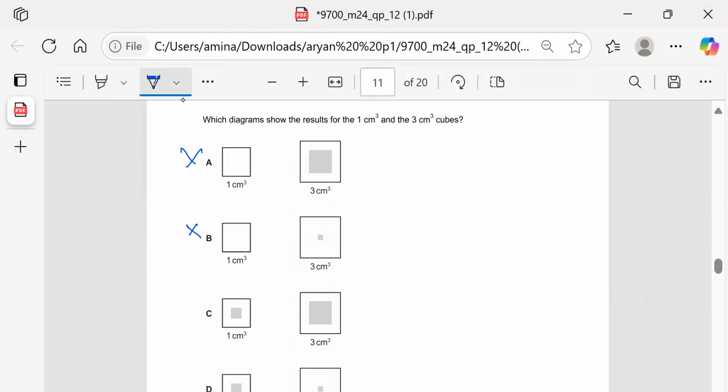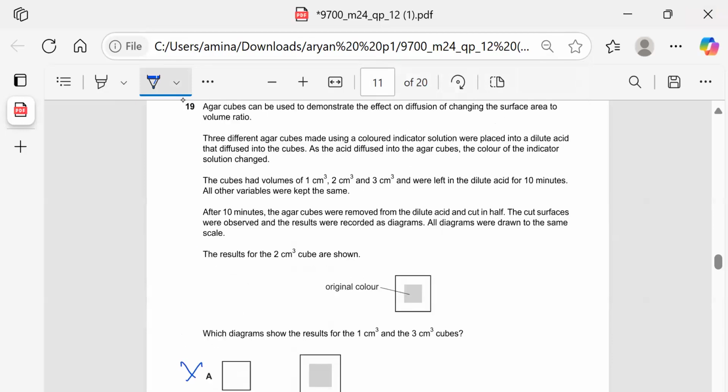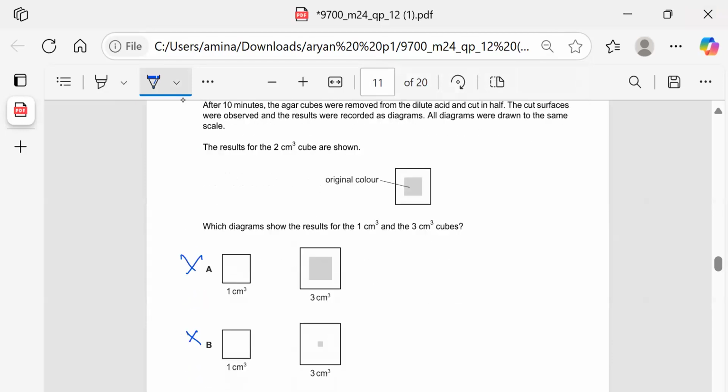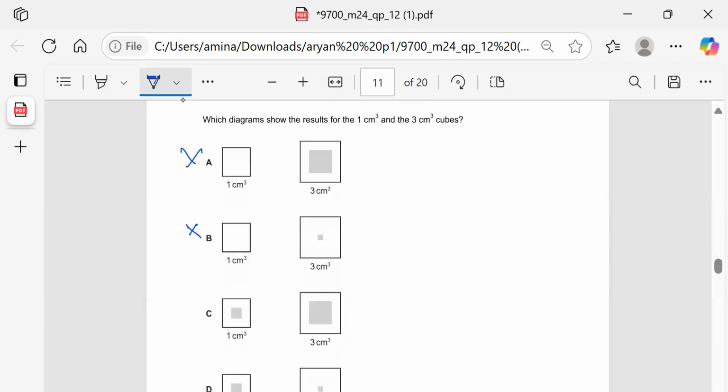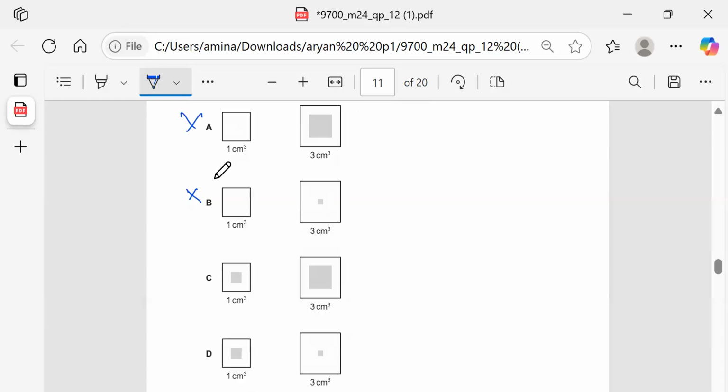B will also be wrong because I cannot see any diffusion over here.